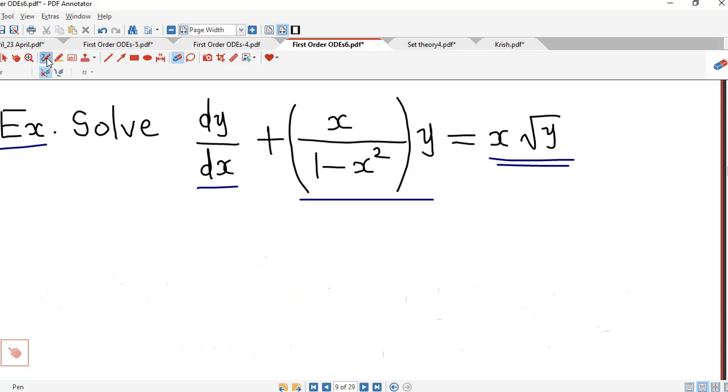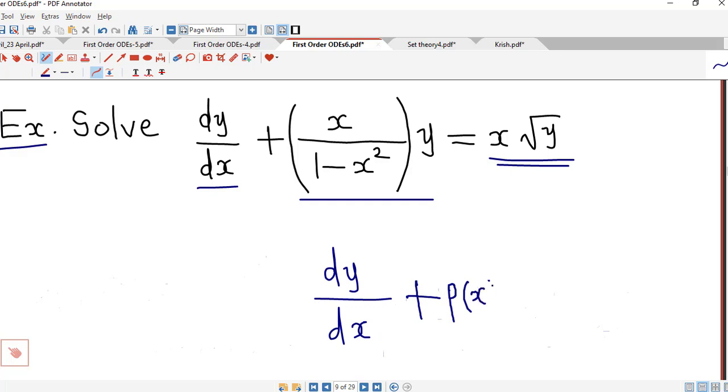So now we can check whether it is possible to convert this equation into separable or exact or linear differential equation. If you recall, we have discussed Bernoulli's differential equation: dy by dx plus px into y equal to gx into some power of y.